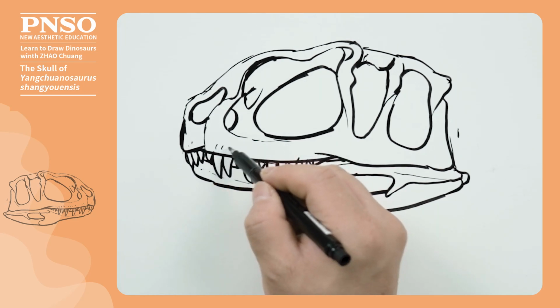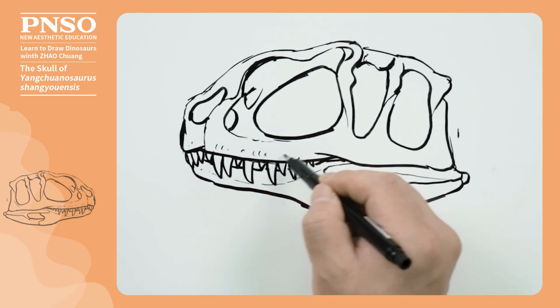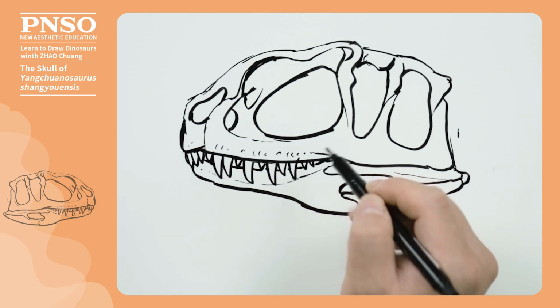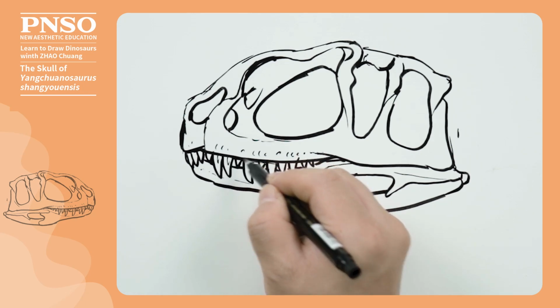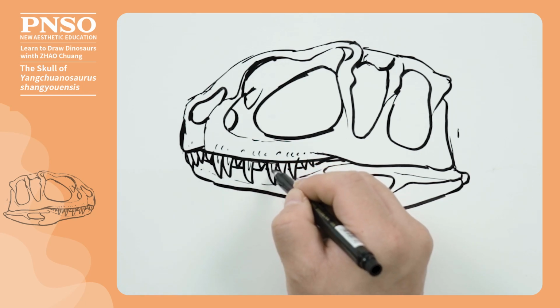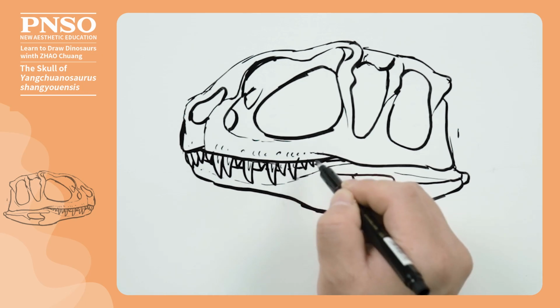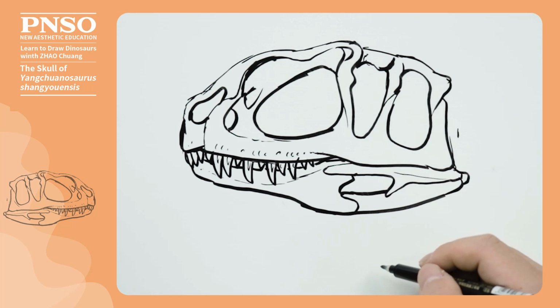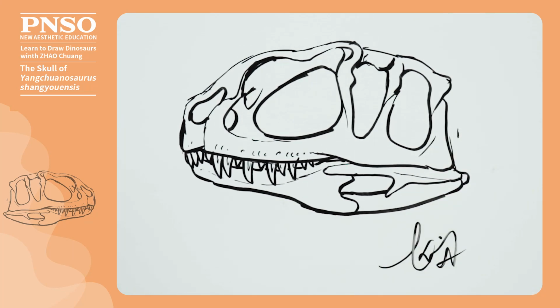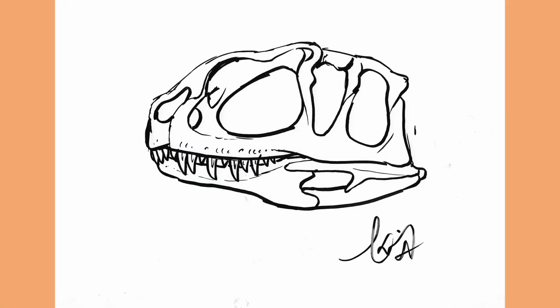Finally, we draw some nutrient holes on the top of the teeth and show the roots of the teeth. There was a depression in the middle of the tooth root. In this way, we've finished drawing the skull of Yangchuanosaurus shangyouensis.